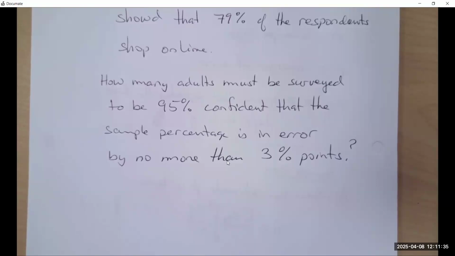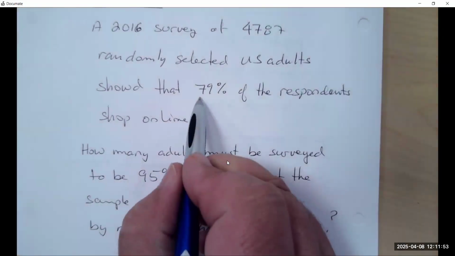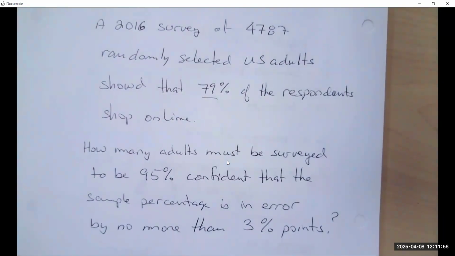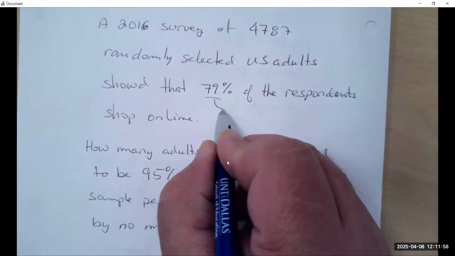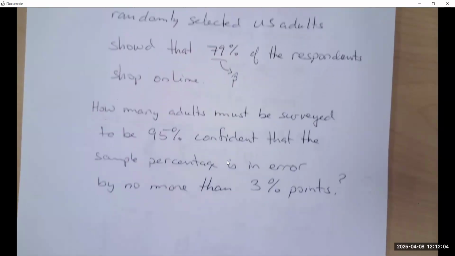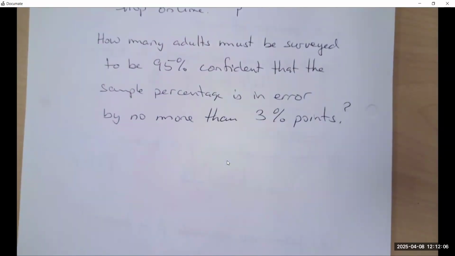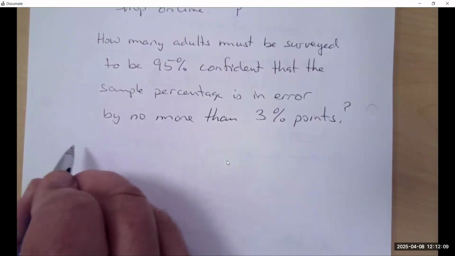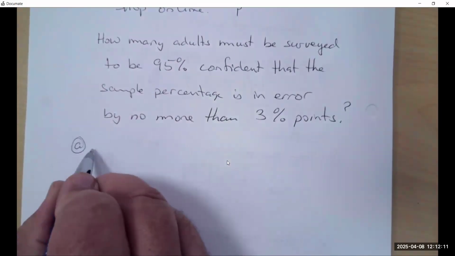So do we use the first or second formula? The P hat, Q hat, or the 0.25? Are you sure? Think about it. We have 79%. What is that going to represent? That's P hat. So we'll do it both ways.